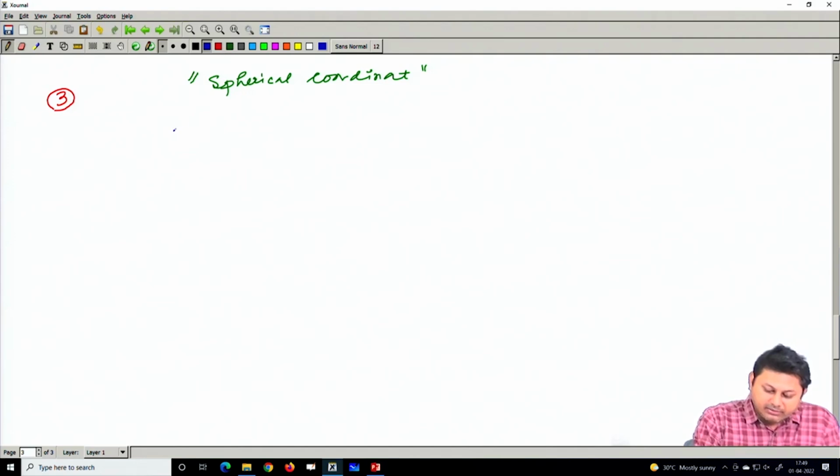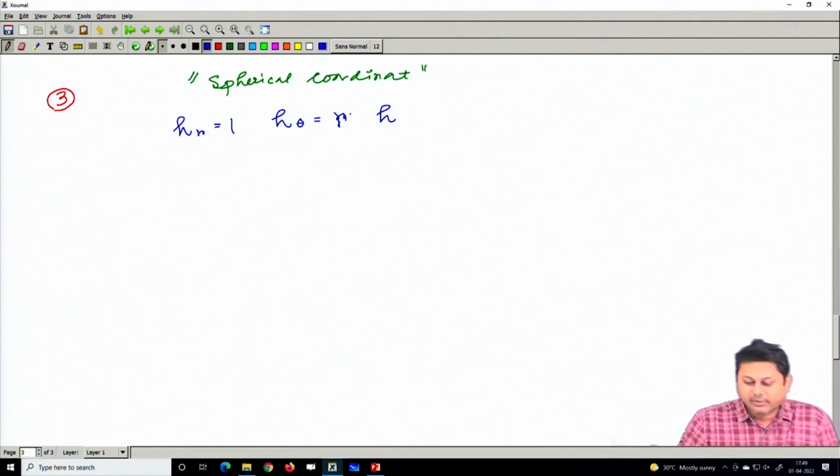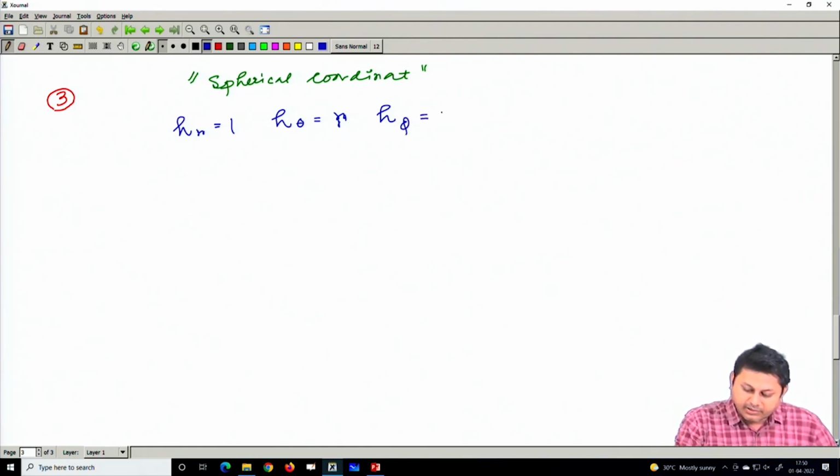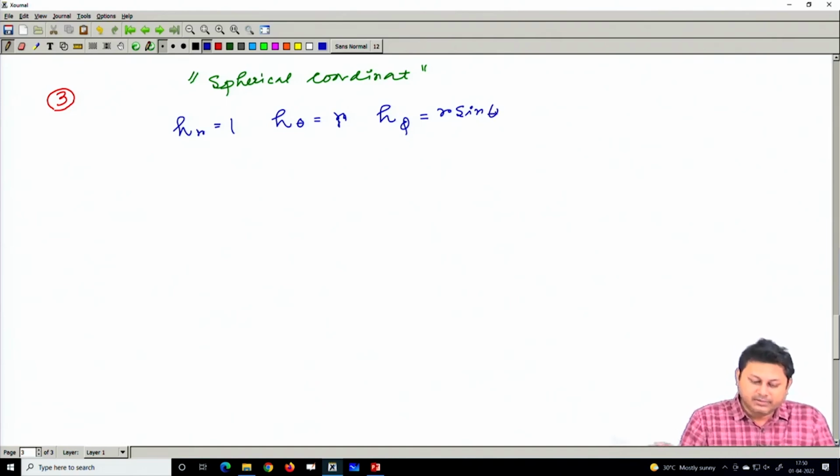So, we are having h r equal to 1, h theta equal to r, and h phi is equal to r sin theta, that we are having, right.